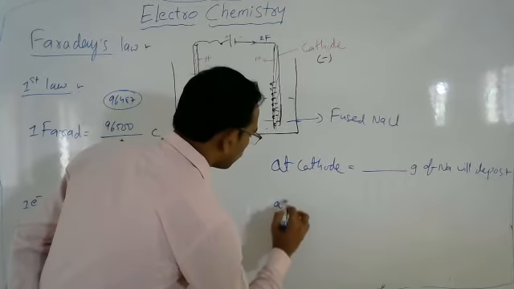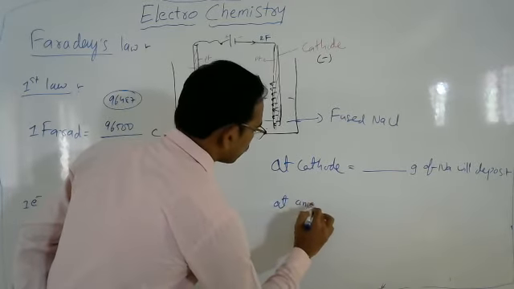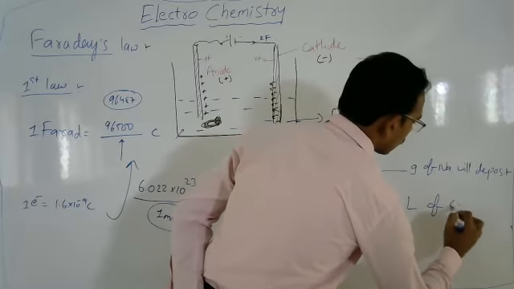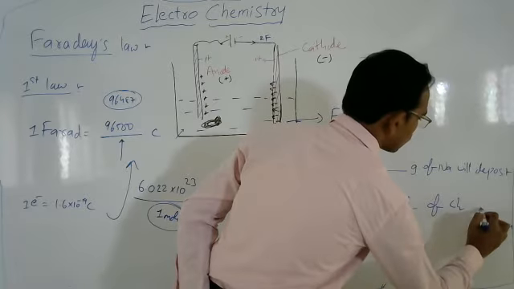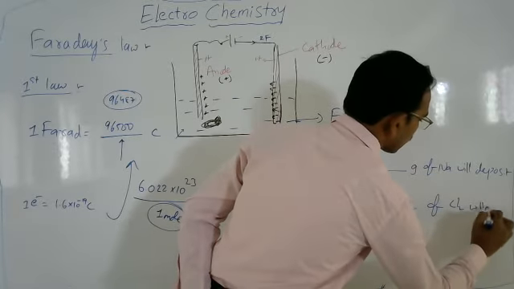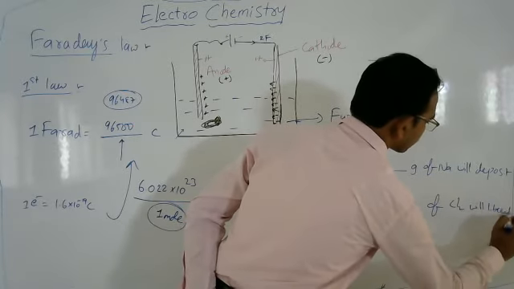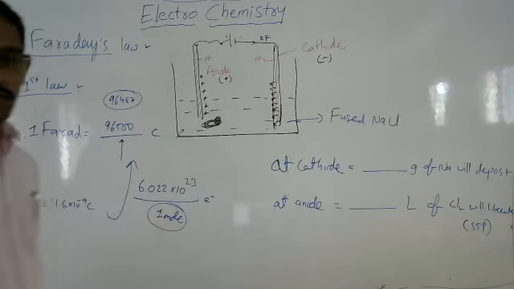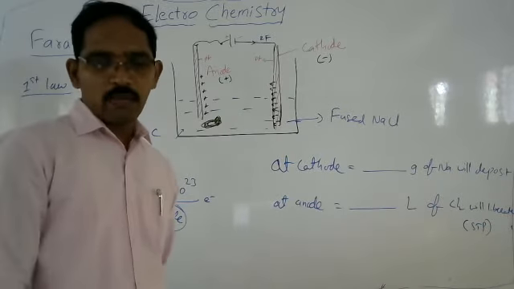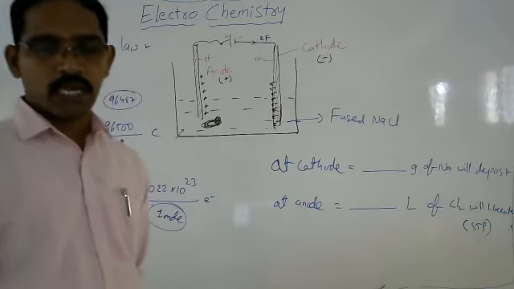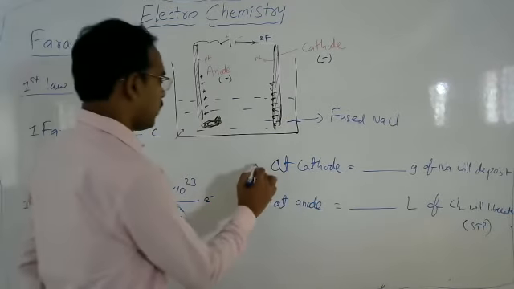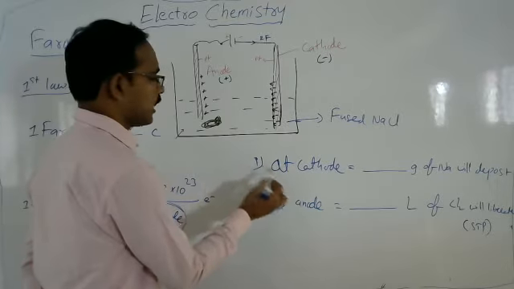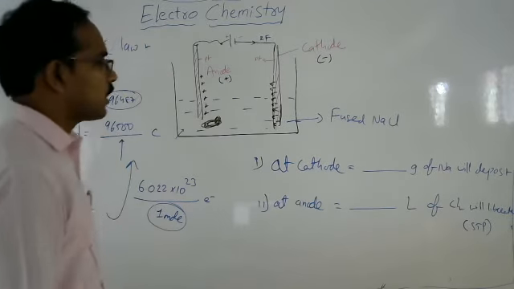Then at the anode, dash liters of chlorine will be liberated at STP condition. When we ask for chlorine volume, we cannot ask randomly, so that is STP condition. Now give me the first question's answer. The second question I will explain, it is a little tricky. The first one you can give easily.